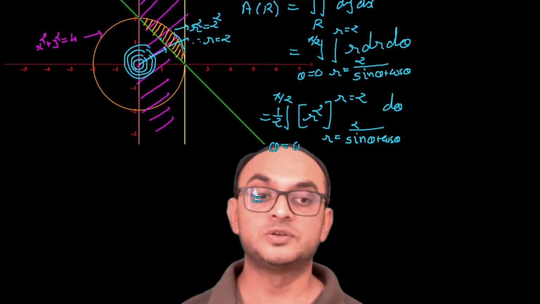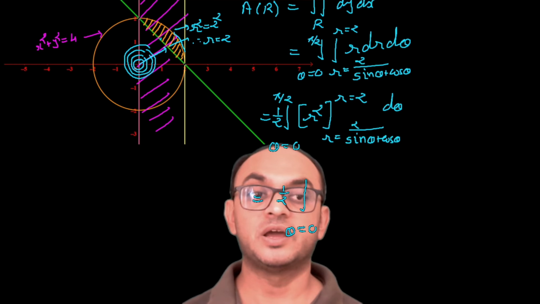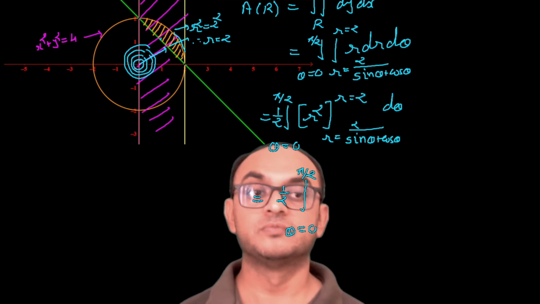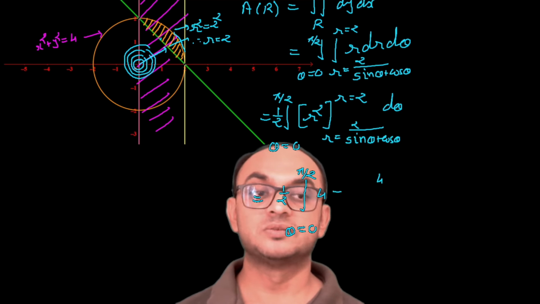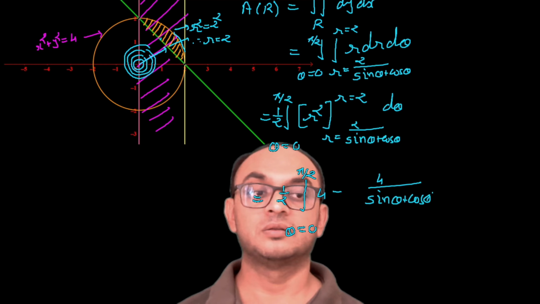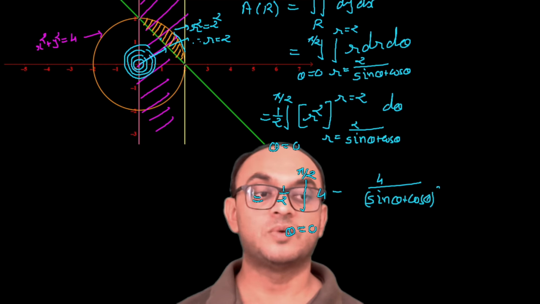So this is equal to 1 upon 2, integration theta equal to 0 to pi by 2 of r square. So 2 square is 4 minus 4 upon sin theta plus cos theta whole square, d theta.